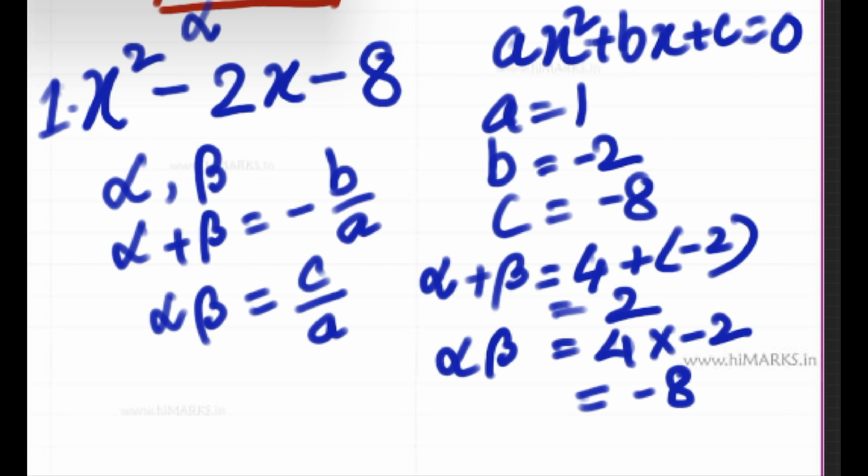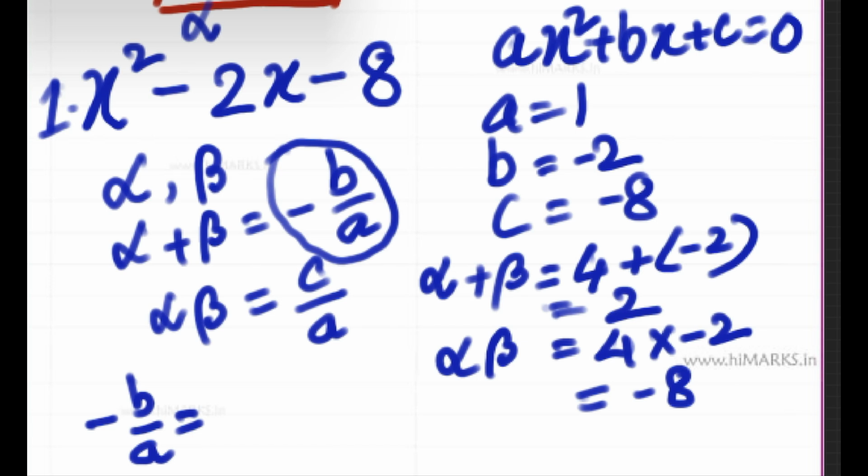Now let us find out how much minus b by a is. Alpha plus beta is 2, so this should match with minus b by a. Minus b is minus 2 minus, and a is 1, so minus and minus gives plus, so this is 2.